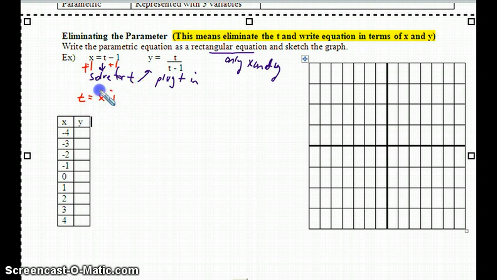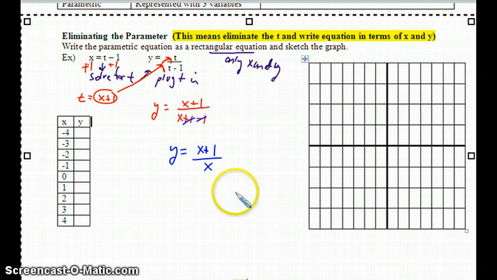If I plug this x plus 1 in for this t and that t, I end up getting y equals x plus 1 in the numerator, and then x plus 1 minus 1 in the denominator. Simplifying this, my 1's will cancel out, and I'll have y equals x plus 1 over x.